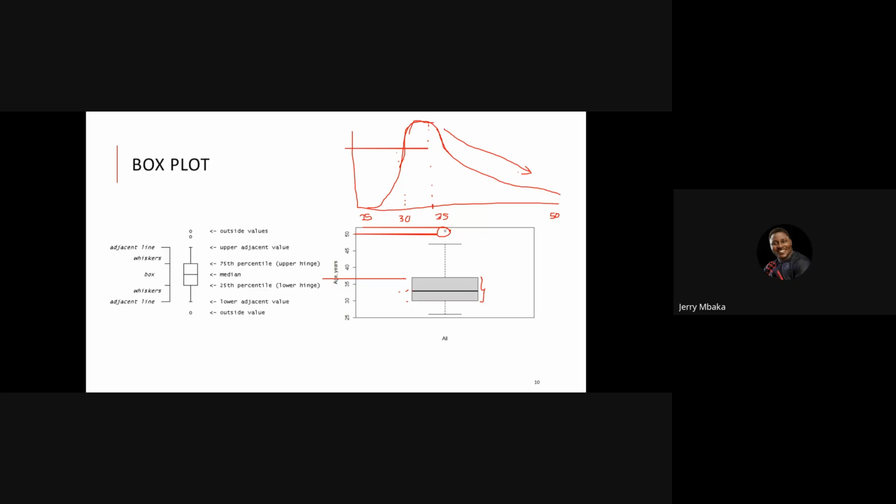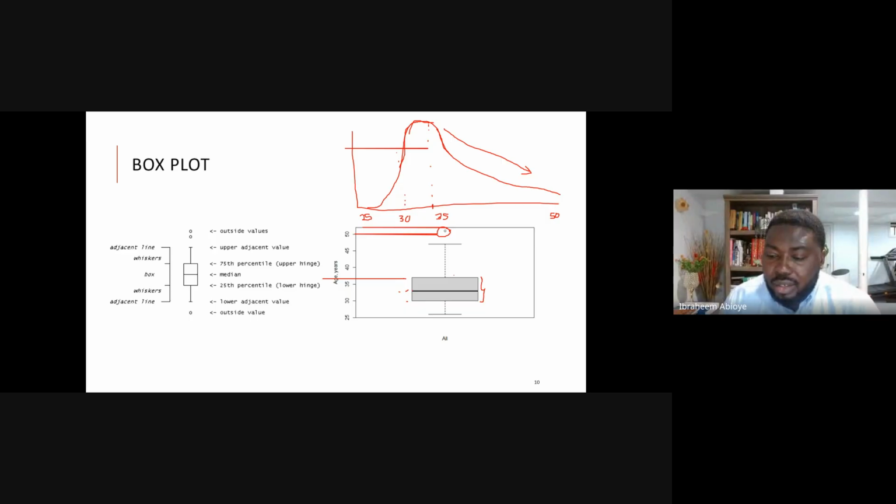If the whisker is longer at the lower end, that's towards the 25th percentile, we are likely to have a left skew. If the whisker is longer in the upper region, this is right skew.